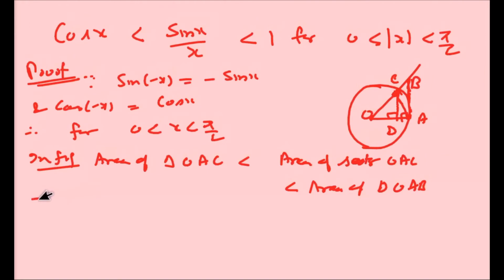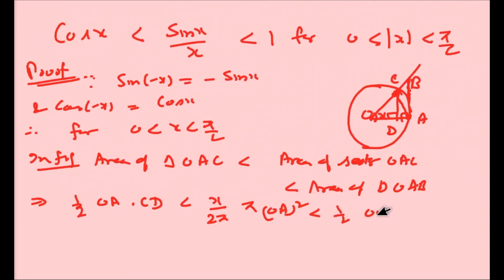Now the area of triangle OAC is half into base into height, let the base be OA and height be CD, which is less than the area of the sector; let this angle be x. So we can write theta upon 360 into pi r squared, with r being OA. That is less than half into base OA and height AB.